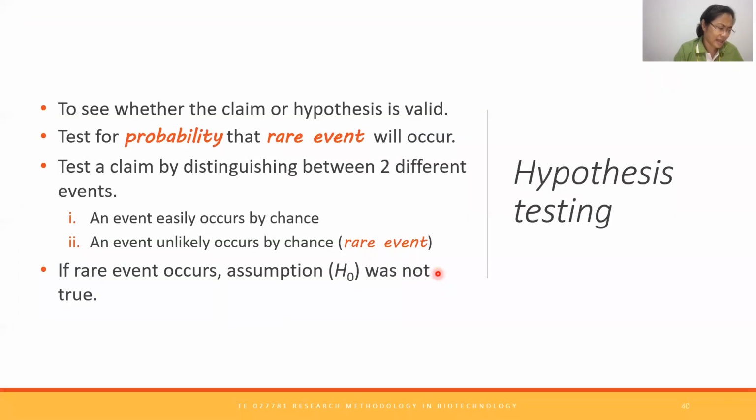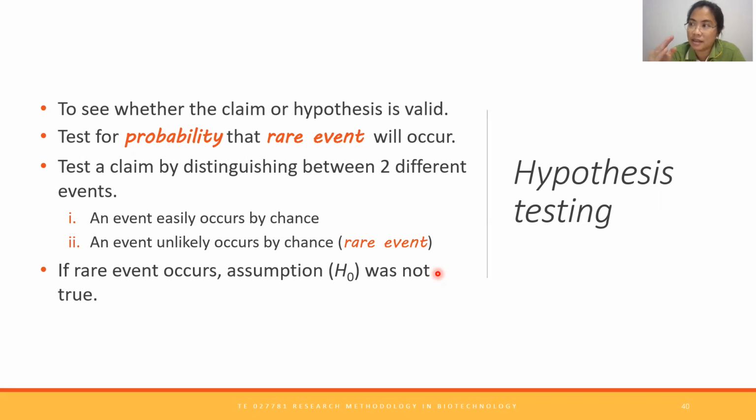Now, a little bit more on hypothesis testing. We don't cover much on it because it is more of a concept, and if it went into too much detail, it would take a whole statistics course anyway. Hypothesis testing is done to see whether the claim or the hypothesis is valid.